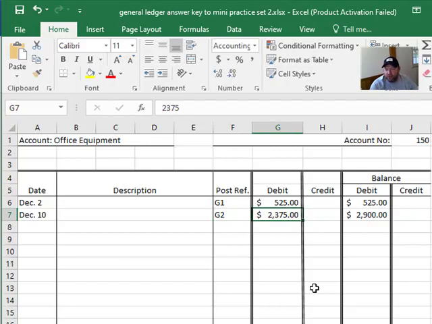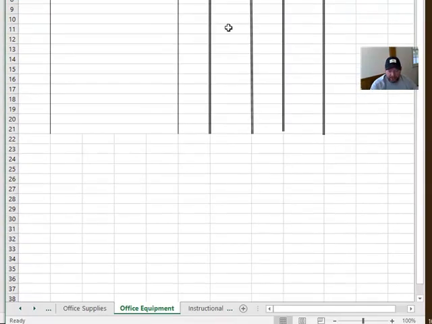A debit of $2,375 payable to the TNN School Equipment Store. So now, if I had $525 and I add additional office equipment, my new office equipment balance is $525 plus $2,375, giving me a balance of $2,900. Sorry for that little mistake. Hopefully you're able to sort through that. This office equipment account is correct, and this General Journal is now updated and correct.